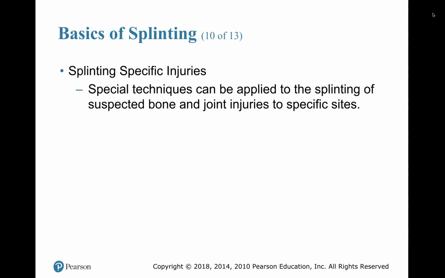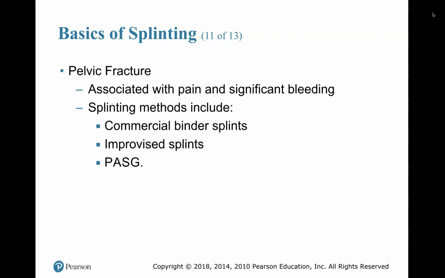Splinting specific injuries. Special techniques can be applied to the splinting of a suspected bone and joint injury to specific sites. Pelvic fractures are associated with pain and significant bleeding. Splinting methods include commercial binder splints, improvised splints, and a PASG. We talked about it earlier.